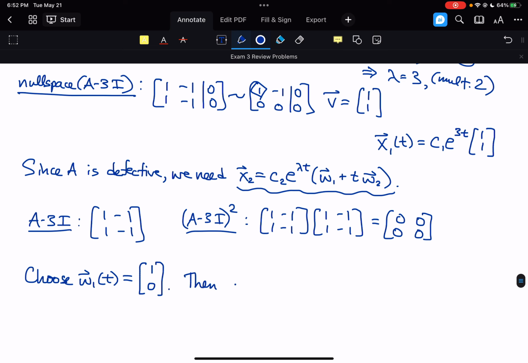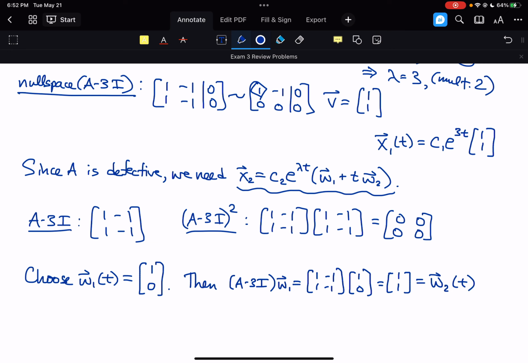So then A minus 3I times w1. This essentially just tells us to grab the first column, and that will be w2 of t, which needed to be an eigenvector, and it is. And in this case, it's not just an eigenvector.